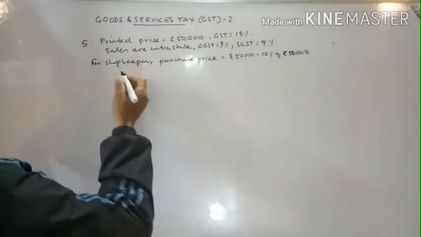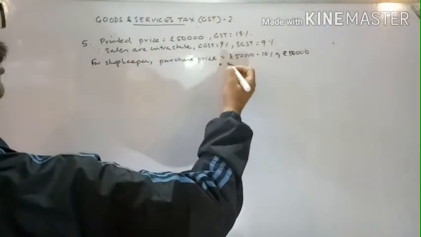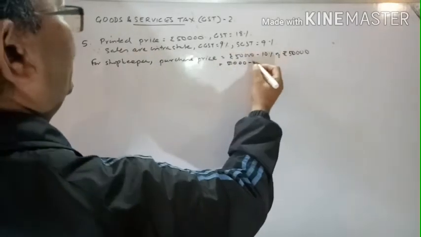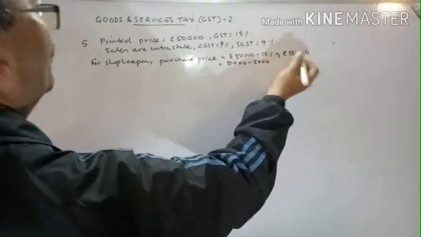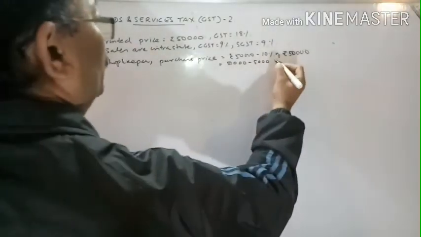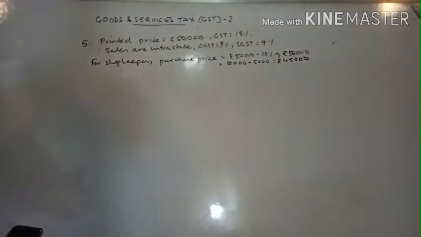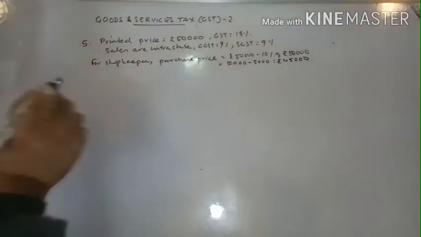That is 50,000 minus 5,000, because 10% of 50,000 is 5,000. So that gives 45,000. So for the shopkeeper, the purchase price is 45,000.